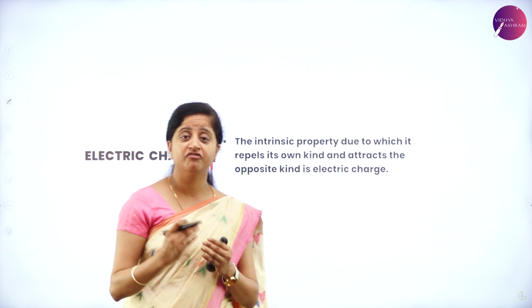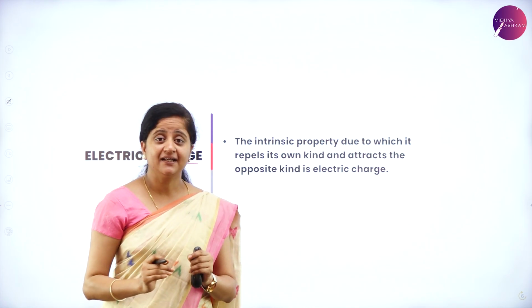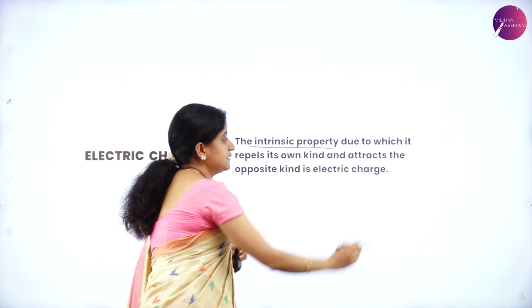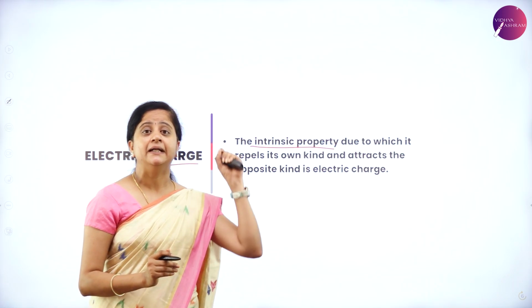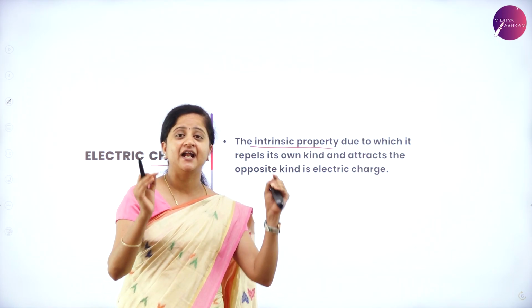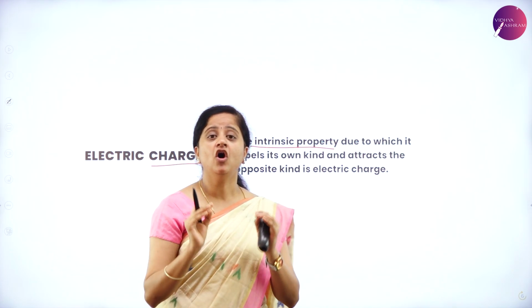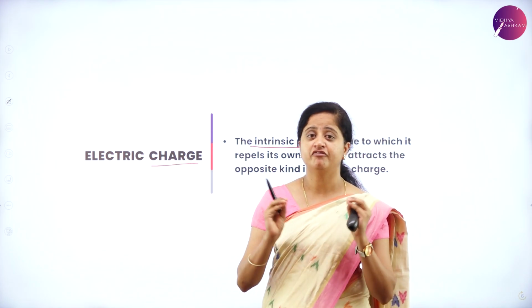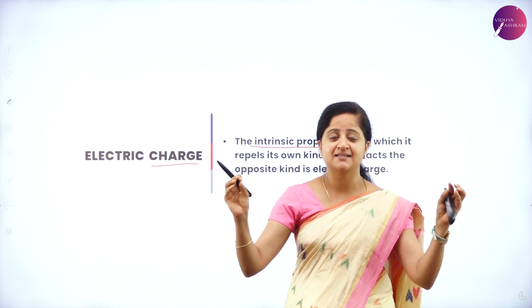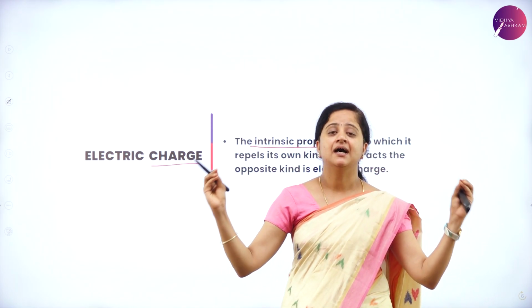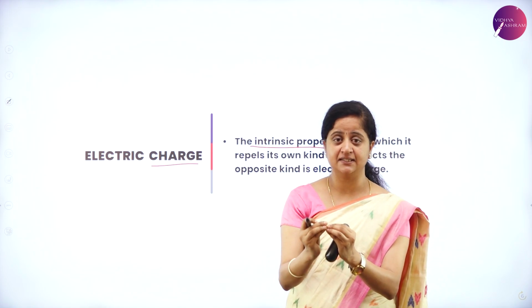I am using the word charge, charges. What is the meaning of electric charge? Electric charge is nothing but the intrinsic property due to which it repels its own kind and attracts its opposite kind. Which means we all know the basic property of charges: like charges repel each other, unlike charges attract each other. Correct?